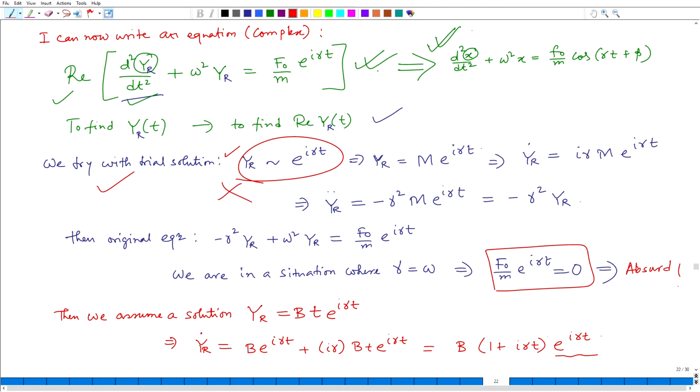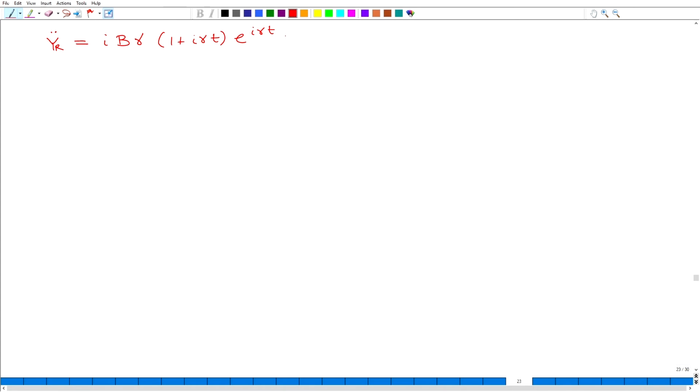So, one I gamma will come and this term will be unchanged. Then I will do d by dt of this term, keeping the other term unchanged, and that will give me I b gamma, right, plus I gamma b e to the I gamma t.